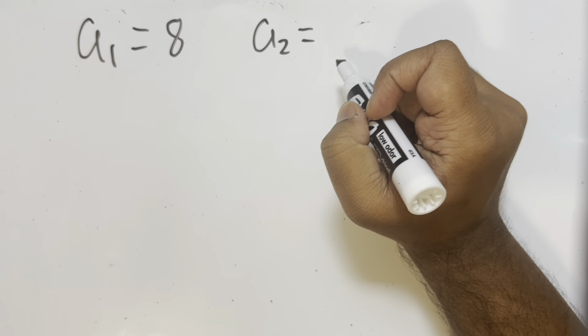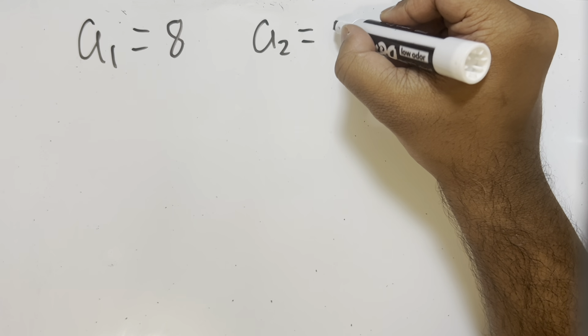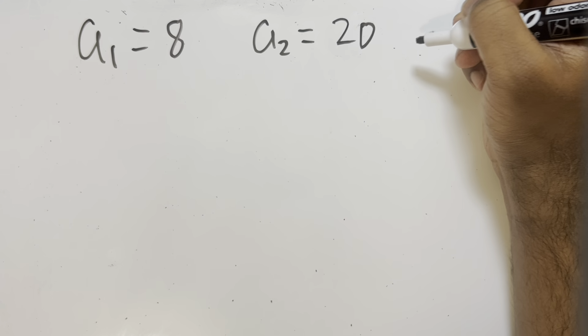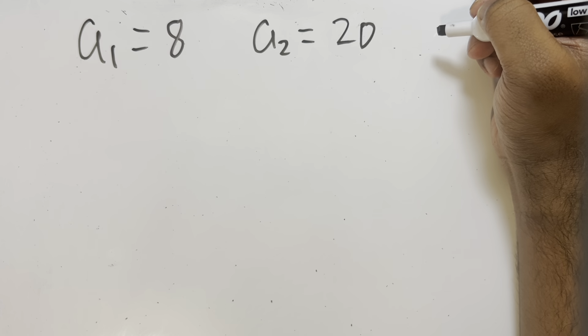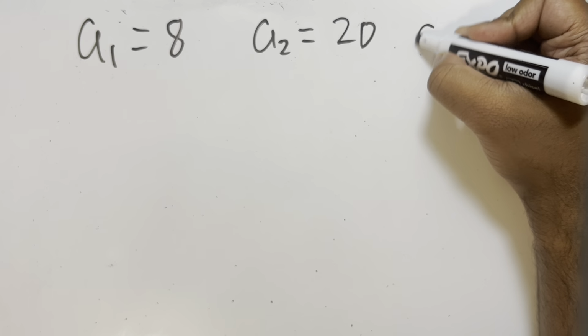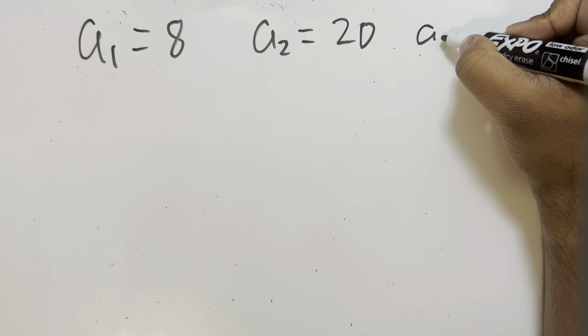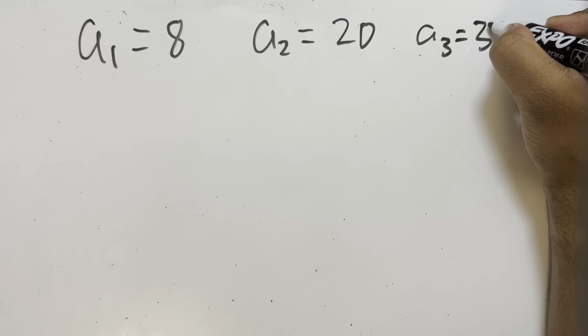It says an additional 12. So 8 plus 12 will be 20 miles, right? On the third day, he travels 24 miles away from the 8 miles. So 24 plus 8 will be A3 equals 32.